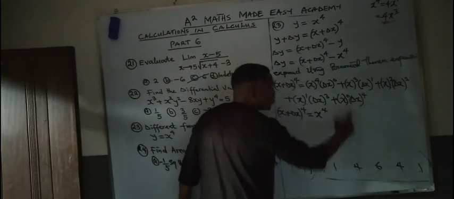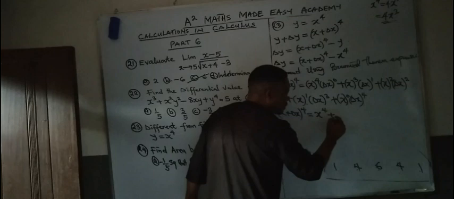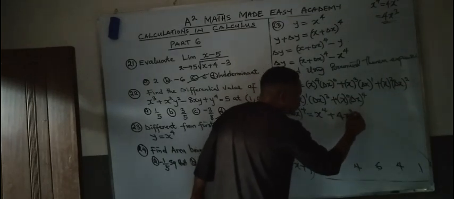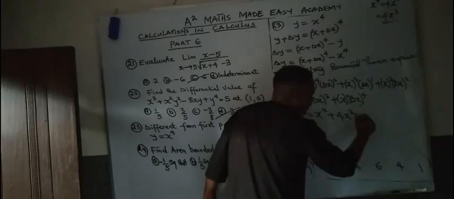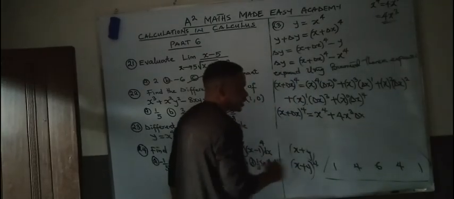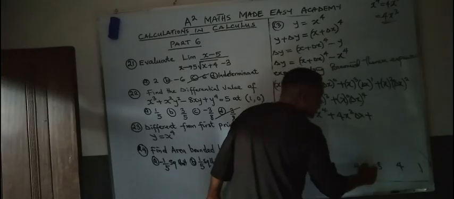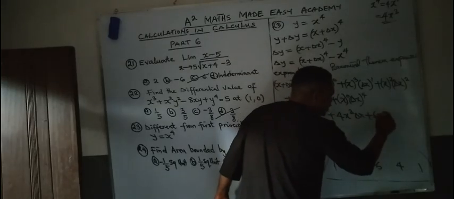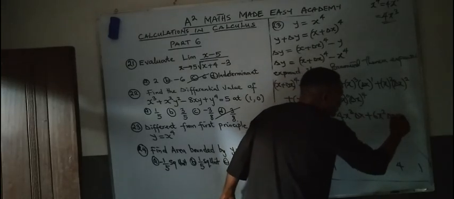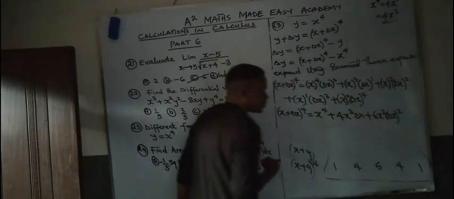Now the second will multiply with the second. This is plus, right? I will now say 4 times this will give me 4x raised to the power of 3, followed by the second term. Then the third one will multiply with the third one. I will now add. 6 times x squared will give us 6x squared followed by the second term squared. Are you with me?